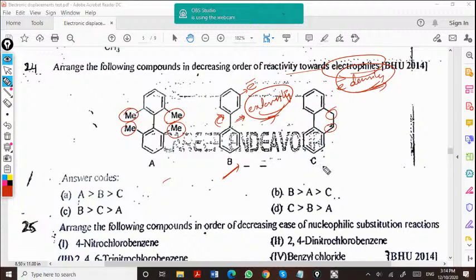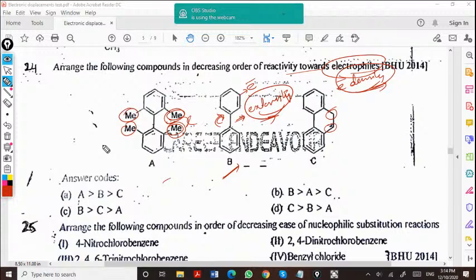Whereas in C and A, because of the ortho groups, the rings will be repelled, so one ring will be perpendicular to the other ring.